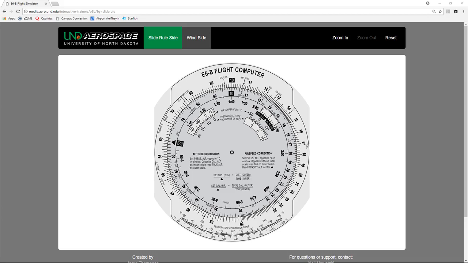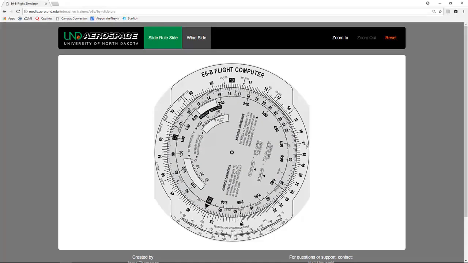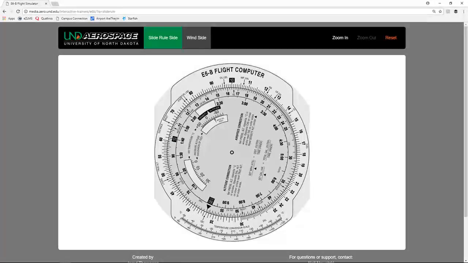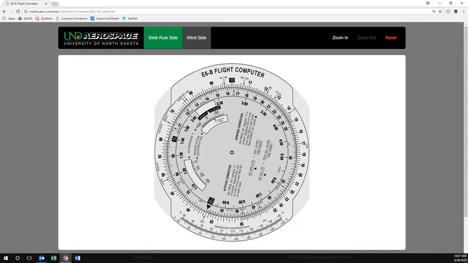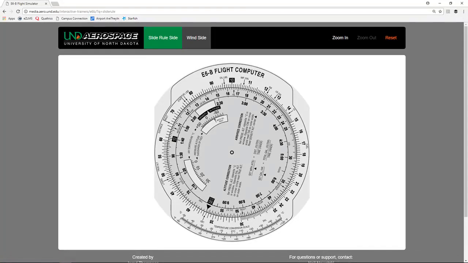Let's say for example we wanted to know what 200 kilometers was in statute miles. We could spin the number 20 on the B scale to align with the kilometer arrow on the A scale, which we have done.